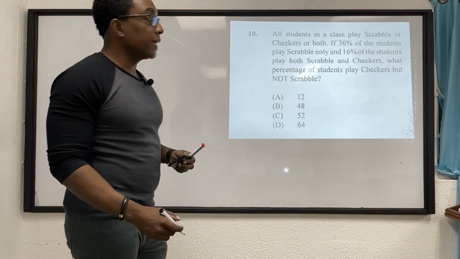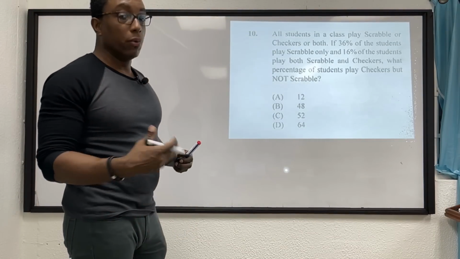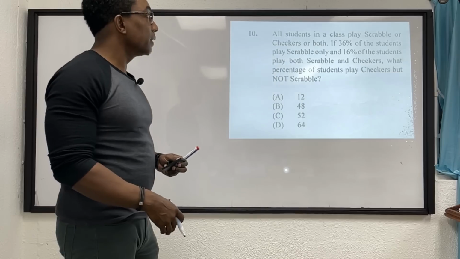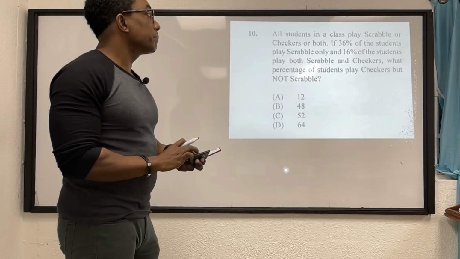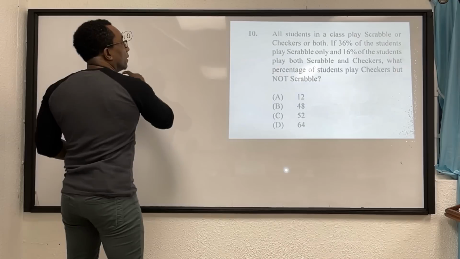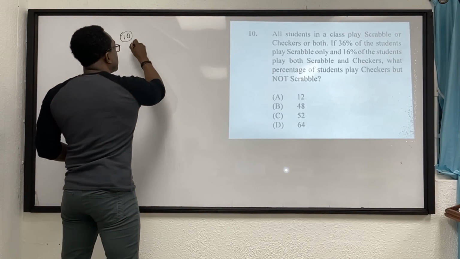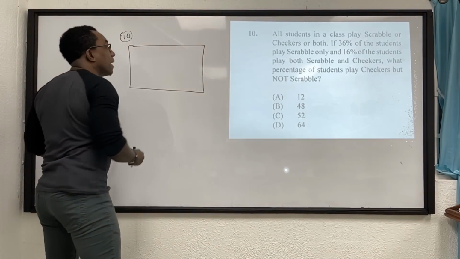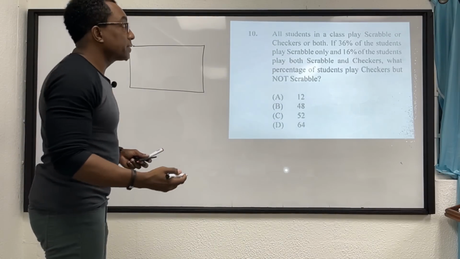If 36% of the students play Scrabble only and 16% of the students play both Scrabble and checkers, what percentage of the students play checkers but not Scrabble? So this here is a set question. We can draw a Venn diagram to assist us in this regard.